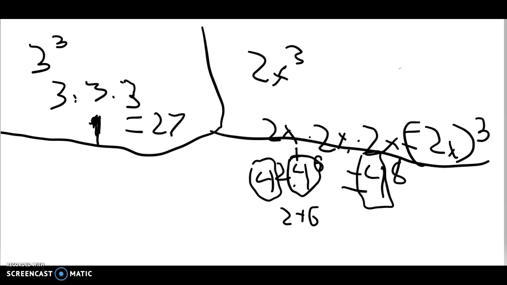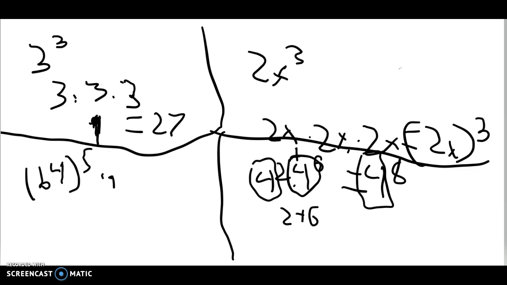Very easy. And the last one I'm going to be showing you guys goes like this. We'll use a variable, b to the power of 4, and we're going to raise it to the power of 5. In this case, all you have to do is multiply 4 times 5.